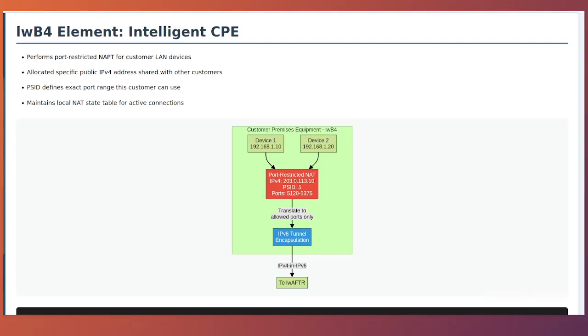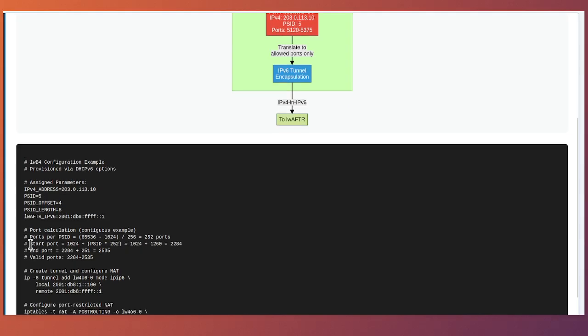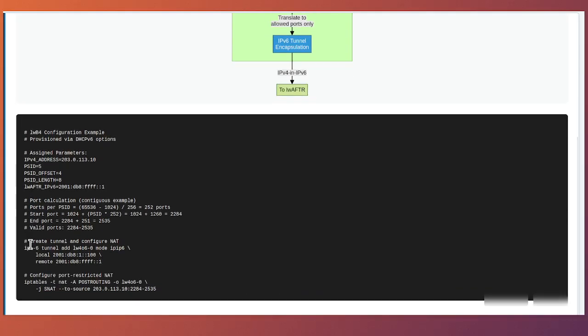The lwB4 is provisioned with several pieces of configuration data through DHCPv6 or other provisioning mechanisms. It receives an IPv6 address or prefix for tunnel operation. It is assigned a public IPv4 address that it shares with other customers.